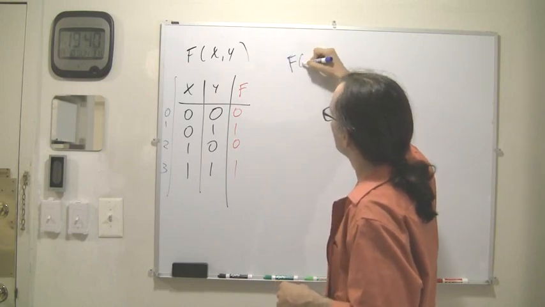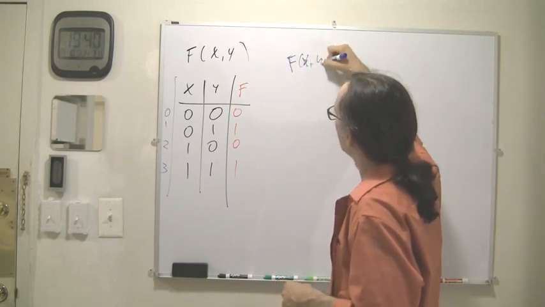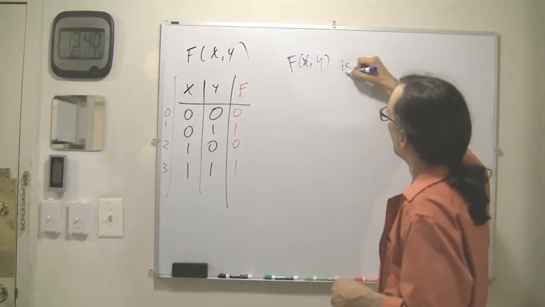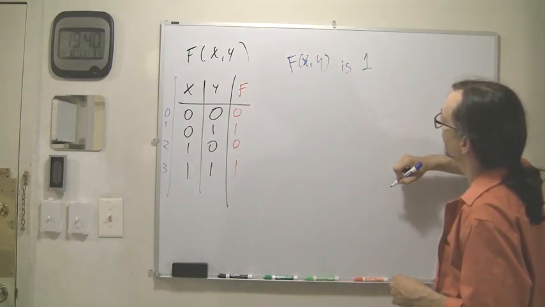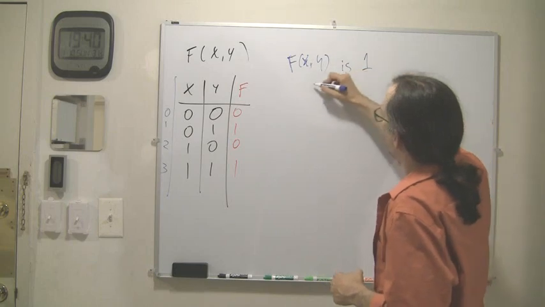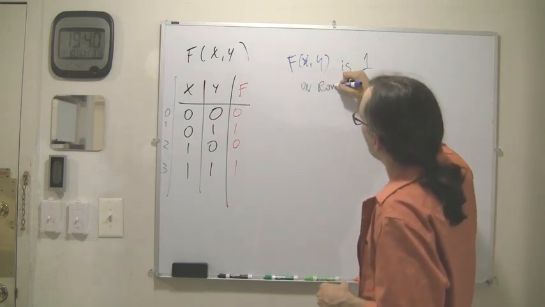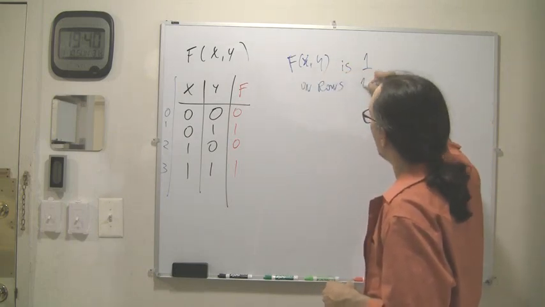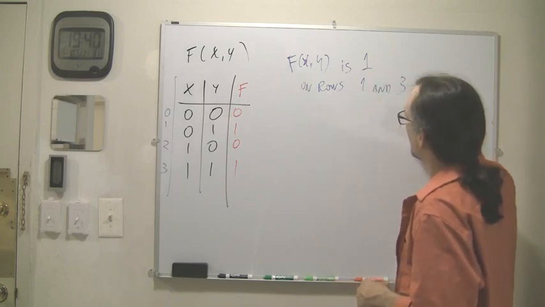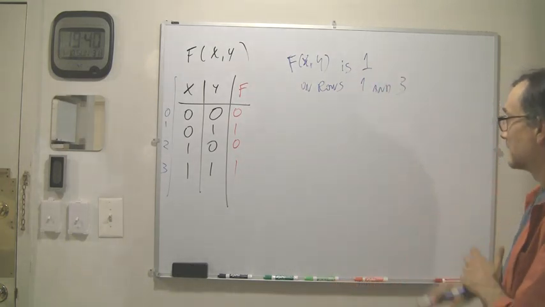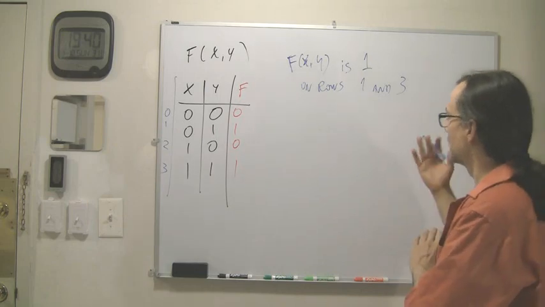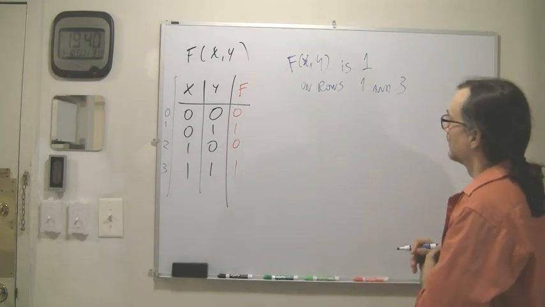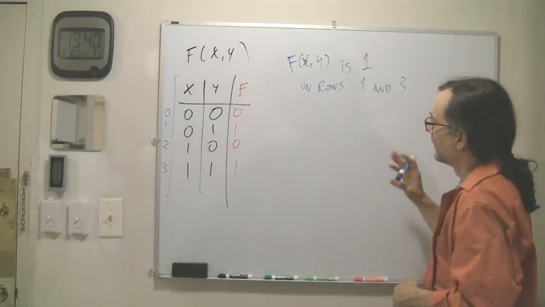So we could write f conceptually like this. F is a function on x and y, which is 1 on rows 1 and 3, right? That's one way of describing f, but that's not in Boolean algebra, of course. It's just an idea which we are developing.